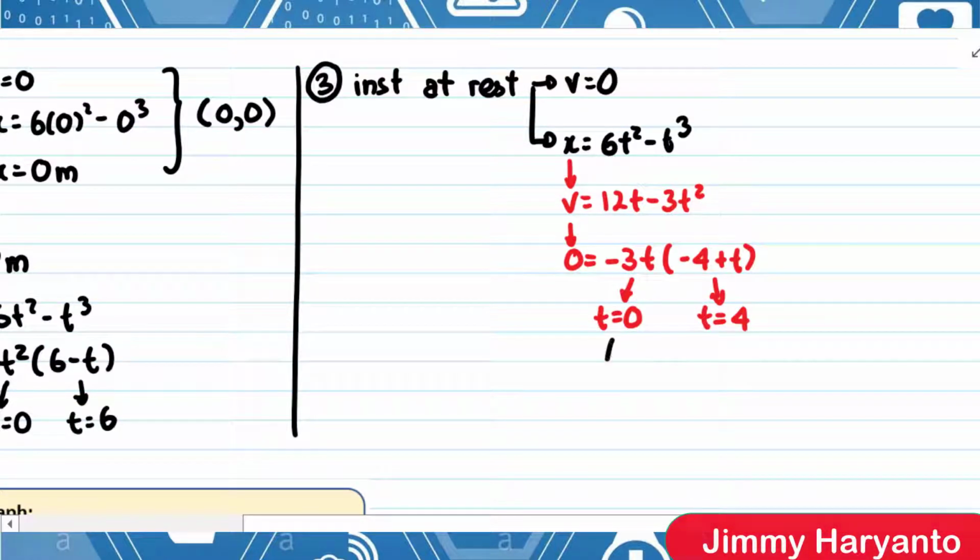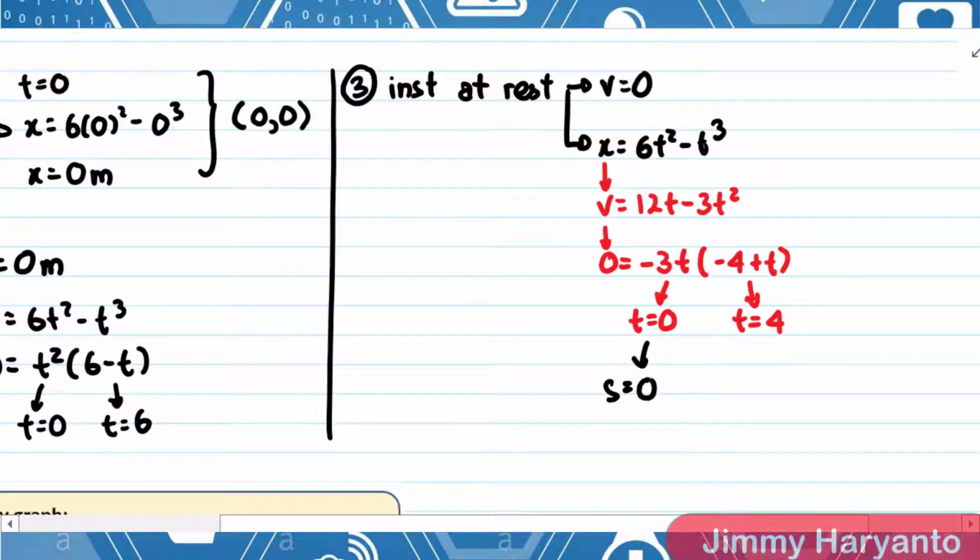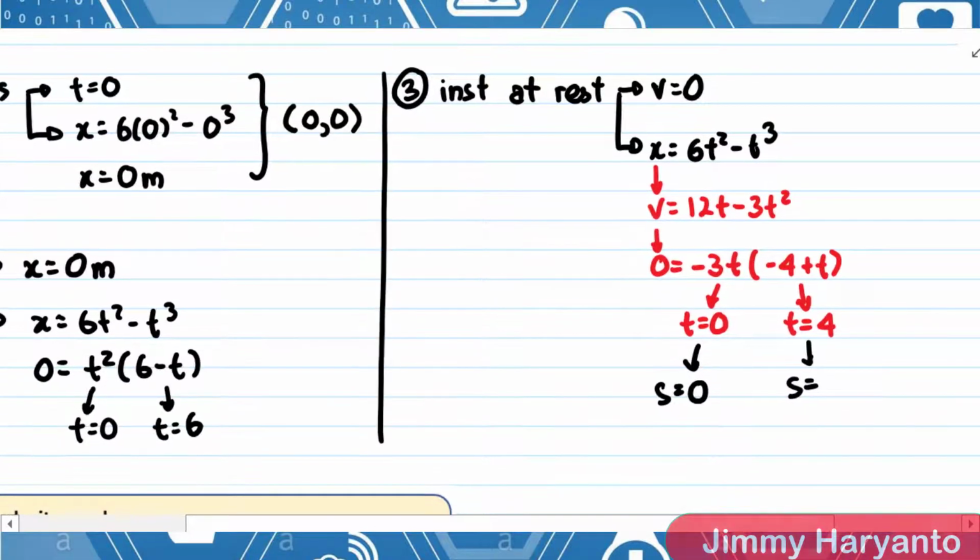Okay, and when time equals 0, the position of the particle is at 0. We already calculated that, but for the 4 seconds we haven't calculated it, so we have to find the position. s equals 6t² minus t³.